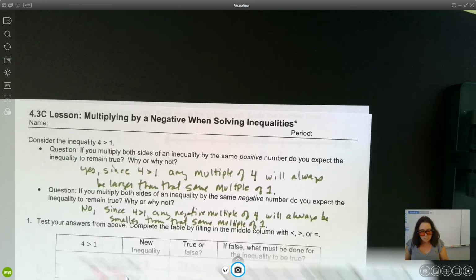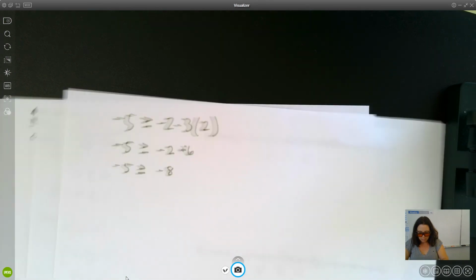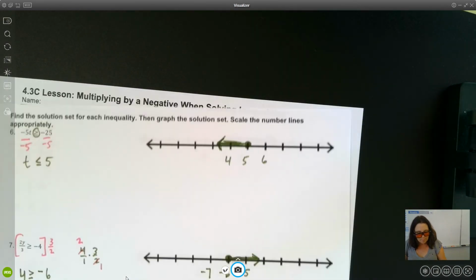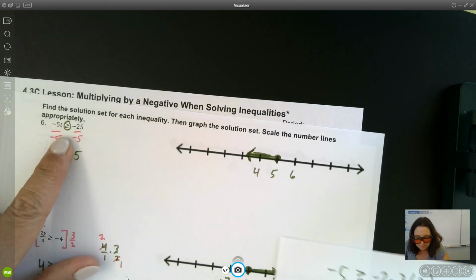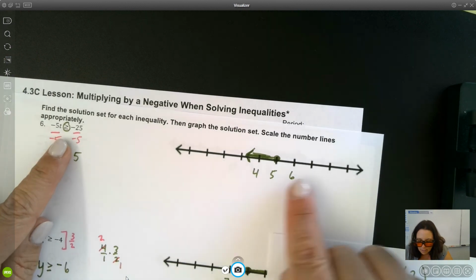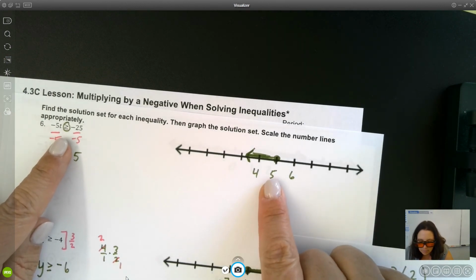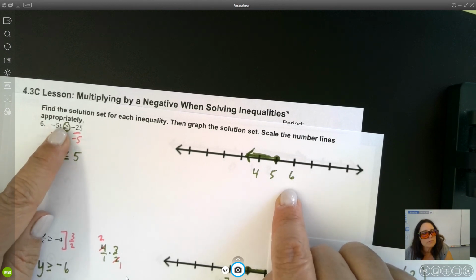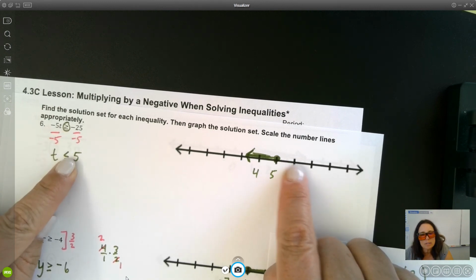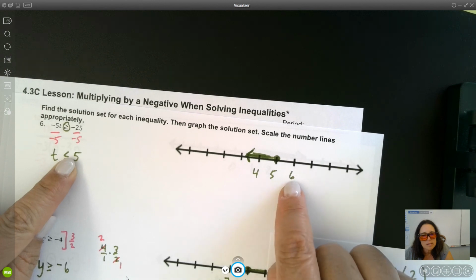And let's go to an easier one on the page before, and then we'll wrap this lesson up. Let's take this guy. All right. This is saying 6 doesn't work. Remember, if we would have left it, we would have shaded this way. Let's test 6.